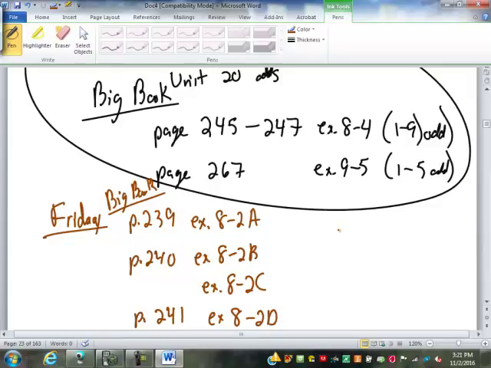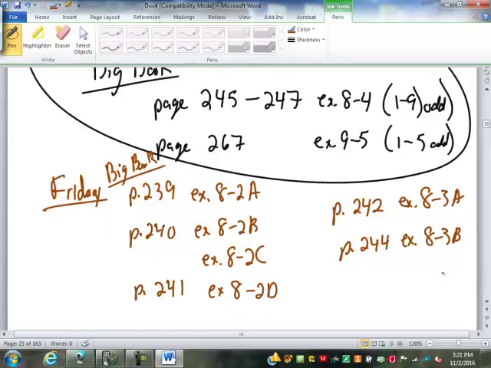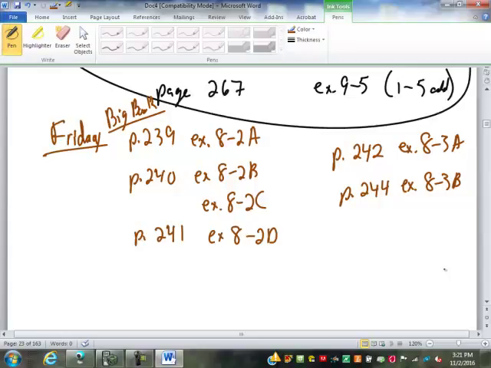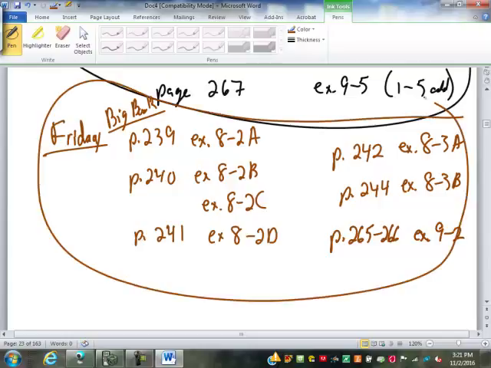On page 242, exercise 8-3A. And page 244, exercise 8-3B. That's for standard measurement. For metric measurement, page 265 through 266, exercise 9-2.